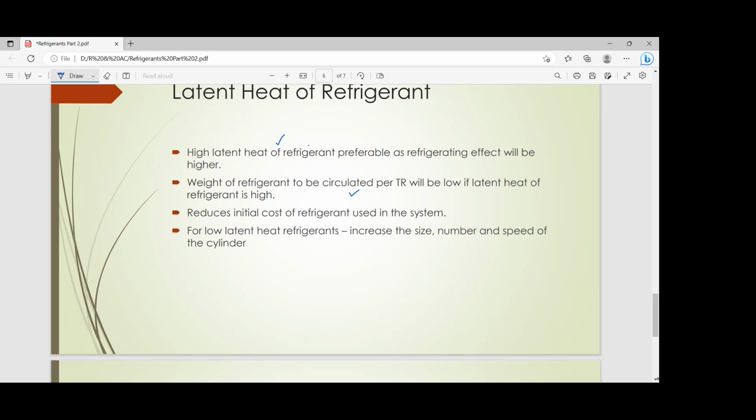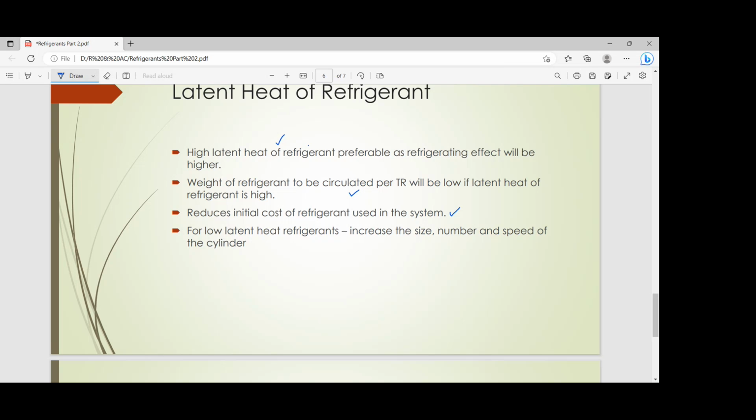So when you have a higher latent heat of refrigerant, it reduces the initial cost of your refrigeration system. And when you have low latent heat refrigerants, automatically you have to increase the size, because you have to send a large amount of refrigerant. Then you have to increase the number of cylinders and the speed of the cylinder, so everything increases. So we prefer a high latent heat of refrigerant.